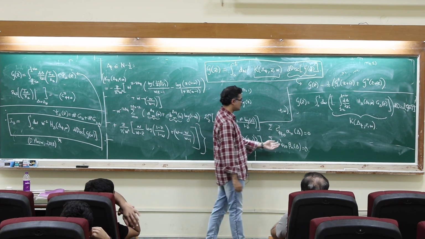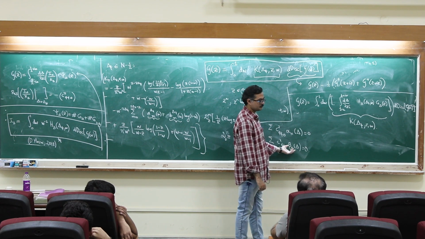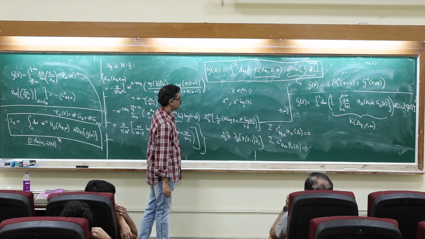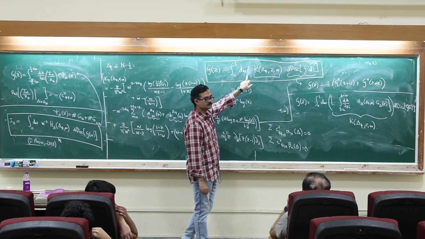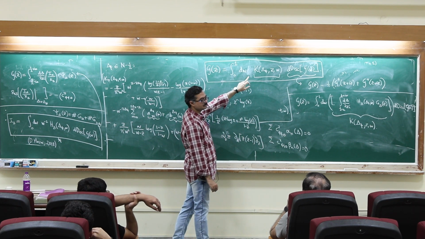Here alpha n delta and beta n delta are obviously some numbers, but these alpha n's and beta n's have some representation in terms of these kernels. So these are integrals.